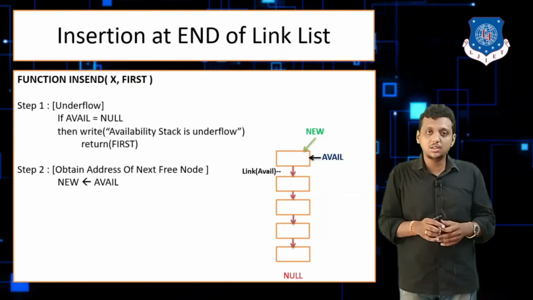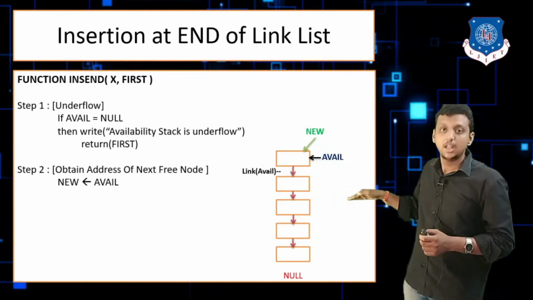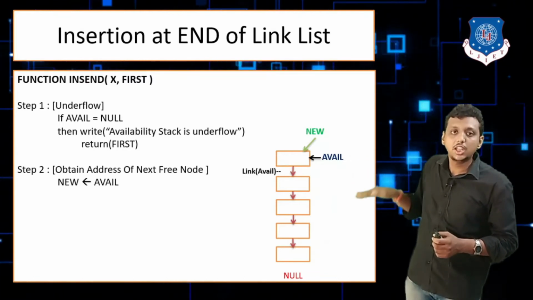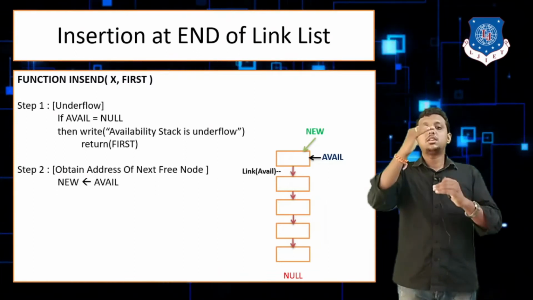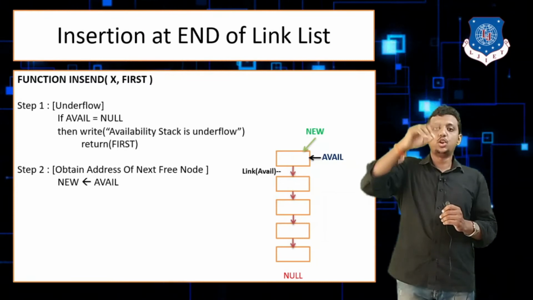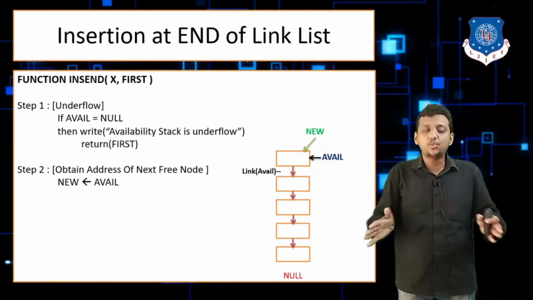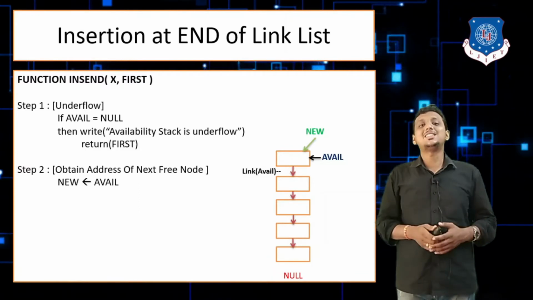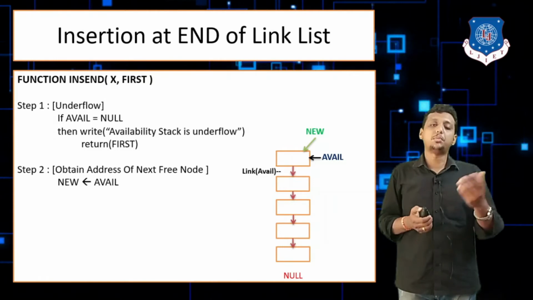Why is it known as removal? Because when you go down from avail to link of avail, your stack becomes null to avail only. So the node above avail is already out of the stack. We can easily say that we have removed the new node from the stack.